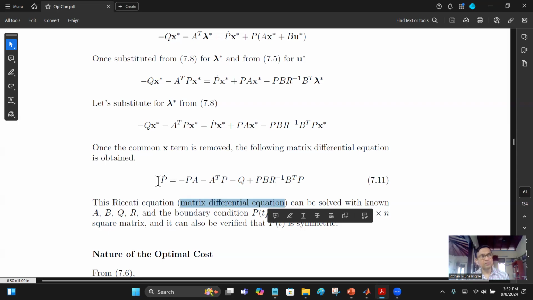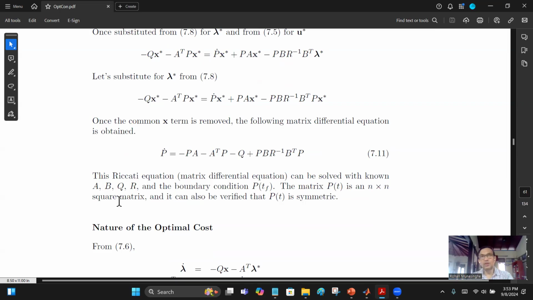When you see a matrix differential equation, we call it a Riccati equation. It's not easy to solve Riccati equations. You need to use MATLAB and other software platforms to solve the Riccati equation.